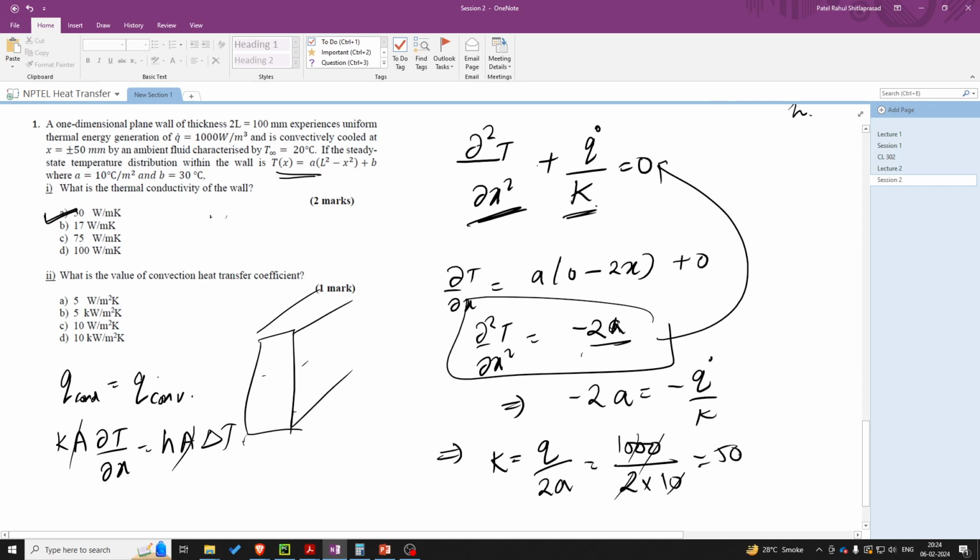This del T by del x we found out from this equation as 2ax, into k, but we have to find the value at the surface. That is when x is equal to L, that is at x equal to L, and the length is 50 mm.